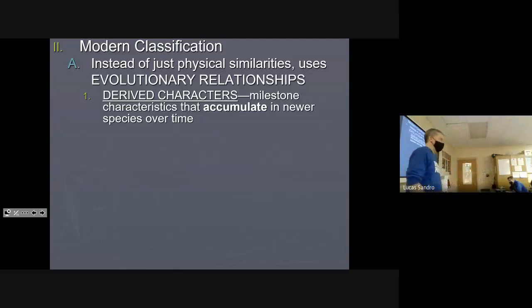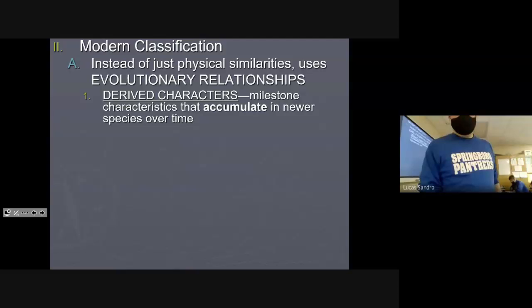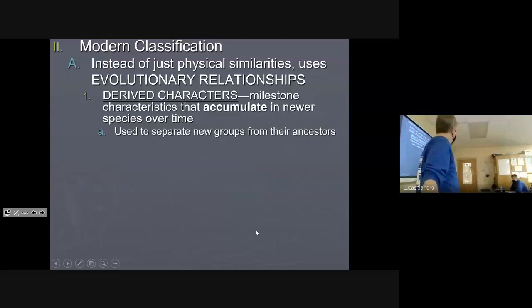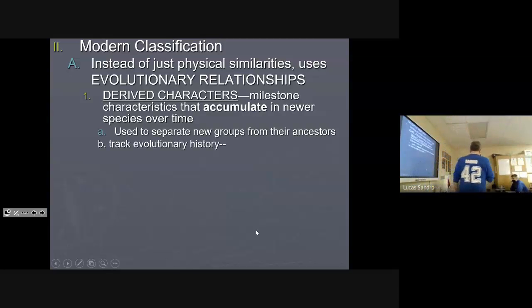It's really a judgment call on taxonomists' part, but they're useful. They are a useful way to separate new groups from their ancestors and to track evolutionary history.